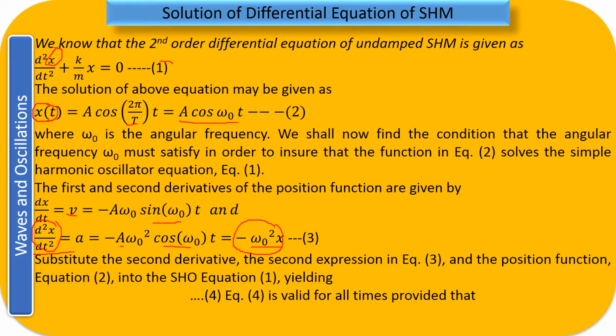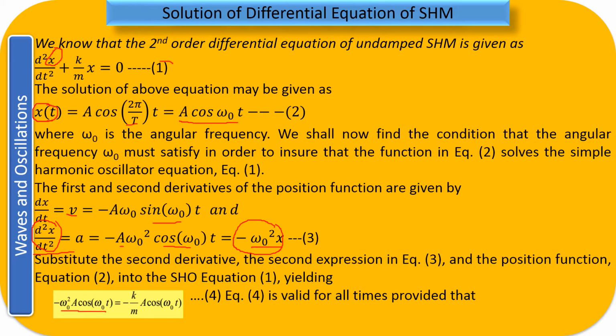We substitute the second derivative, the second expression in equation number 3, and the position from equation number 2 into the simple harmonic oscillator equation number 1. Therefore equation number 1 can be given as d square x upon dt square equal to, you see your equation number 3, minus omega naught square x. This is what I have written, minus omega naught square x, because a cos omega naught t is nothing but your x.